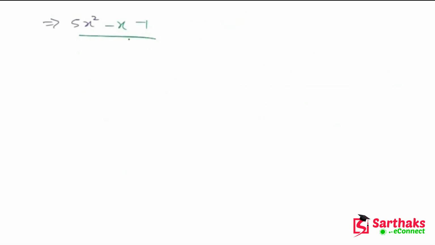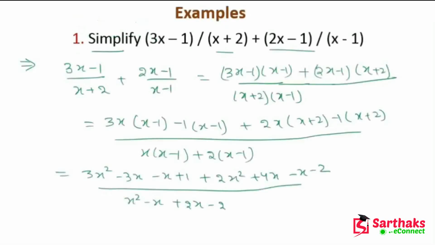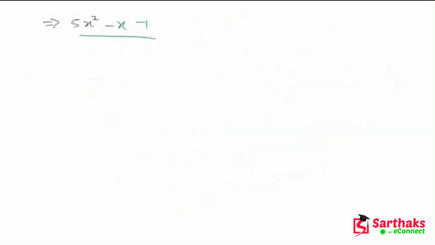In the denominator, x square minus x plus 2x minus 2 becomes x square plus x minus 2. So this is the simplest form. My dear friends, I hope you are getting this point.